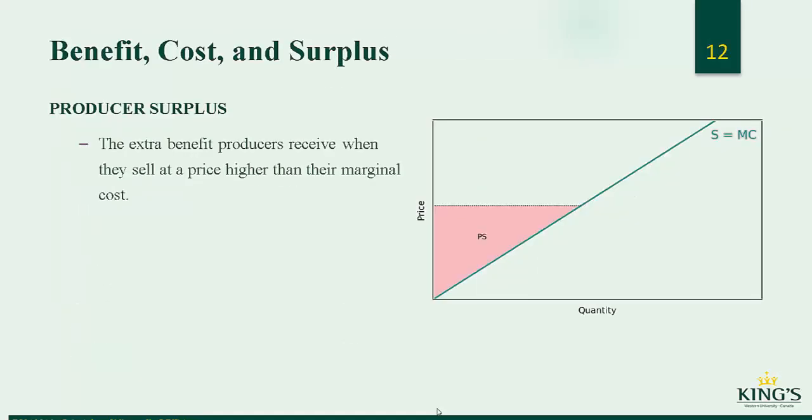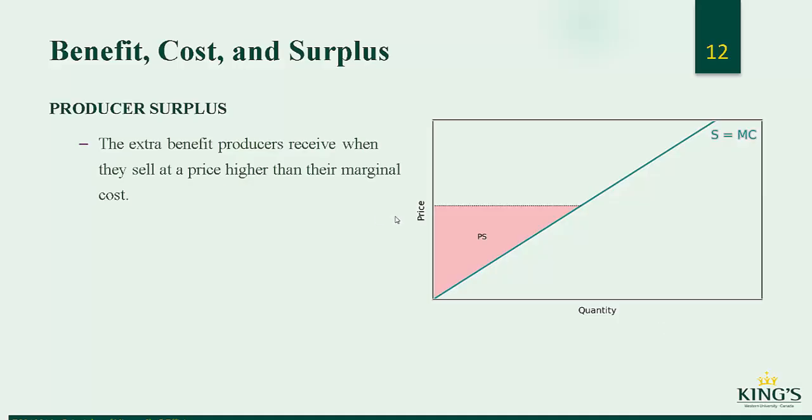So the related surplus concept for supply is producer surplus. If we think of a supply curve as indicated here, what would be the surplus? Firms aren't always going to be selling each unit at their marginal cost. There's going to be a certain price established in the market, and based on that price, they'll decide how many units.